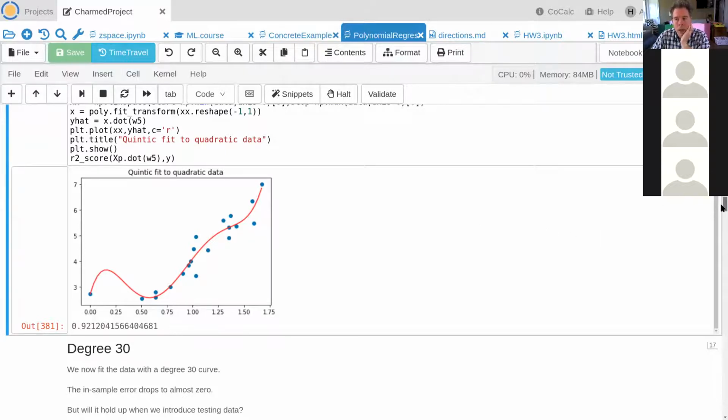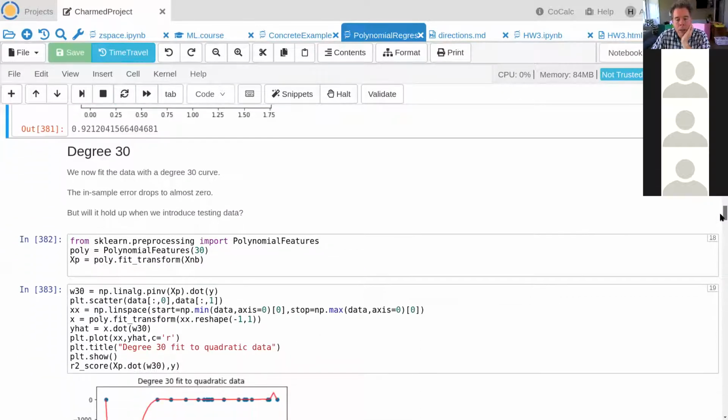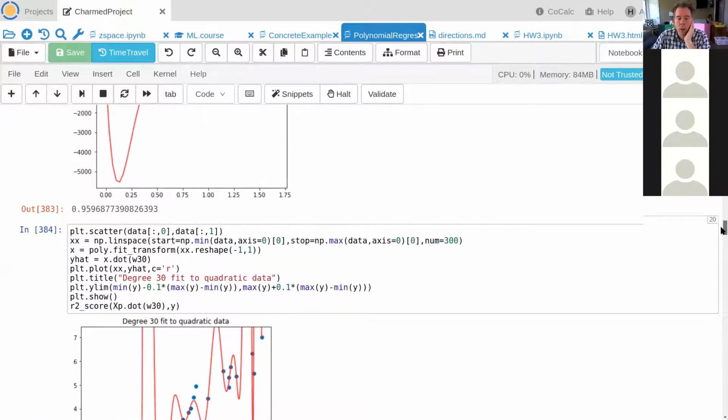So okay, but still it's pretty good. Now let's go up to degree 30. And there's this weird picture. You notice that the scale kind of explodes here, so the data looks flat because the polynomial that you get is so curvy. But if you fix the viewing window, it looks like this.